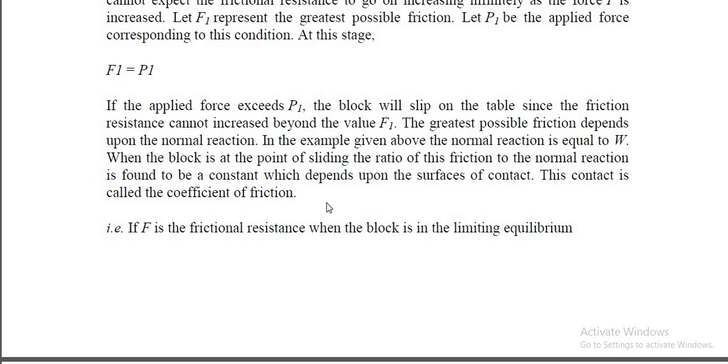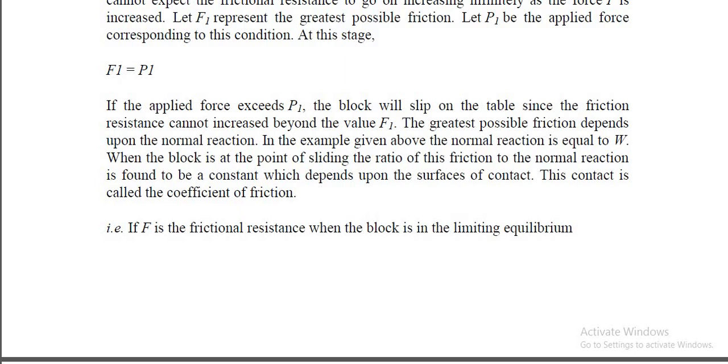The frictional force is acting in the opposite direction to P1. When the block is at the point of sliding, the ratio of the friction to the normal reaction is a constant, and this constant is called the coefficient of friction.